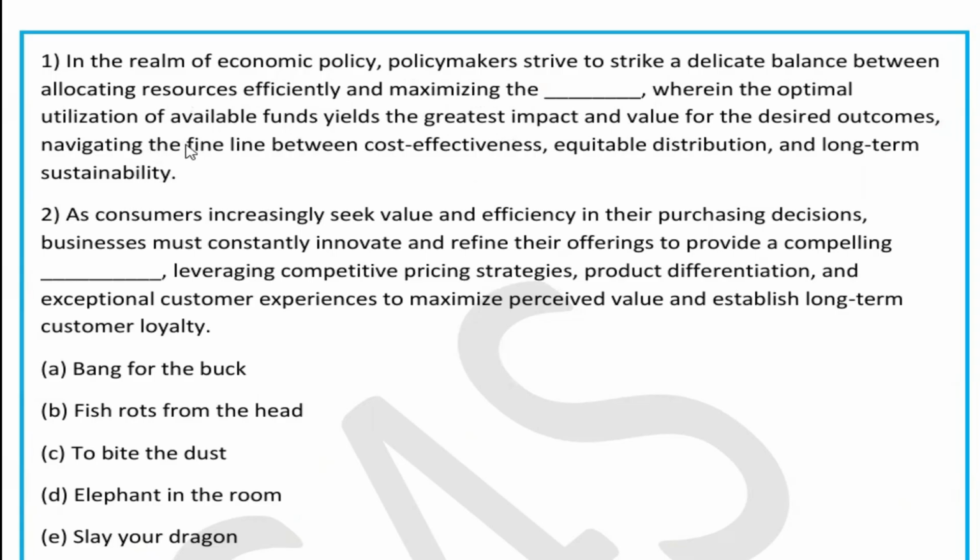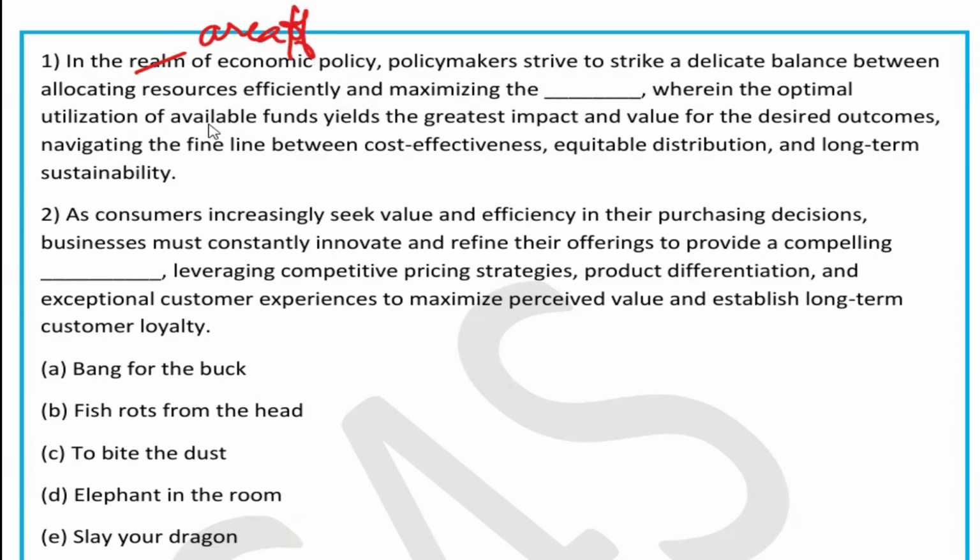Now, let's understand very quickly what the meaning is. In the realm of economic policy: realm is actually an area of activity or knowledge. Okay. So, in this economic policy area, policymakers strive, meaning they try to strike a balance between allocating resources efficiently. Allocate means they give out, hand out resources efficiently and maximize the dash.